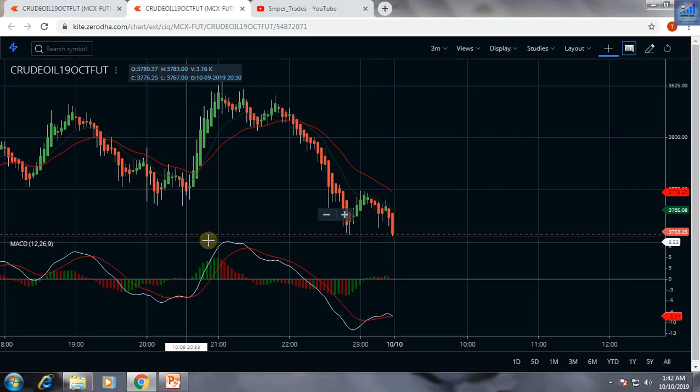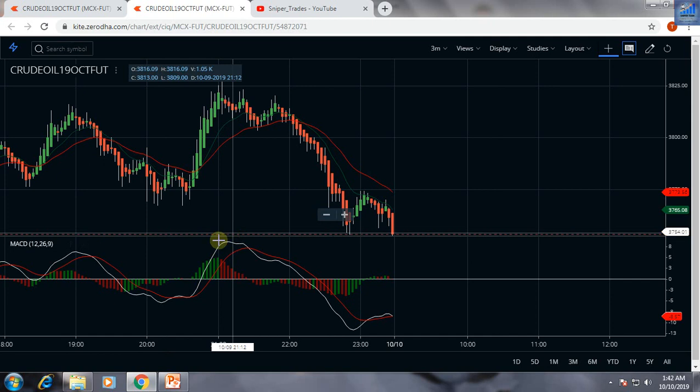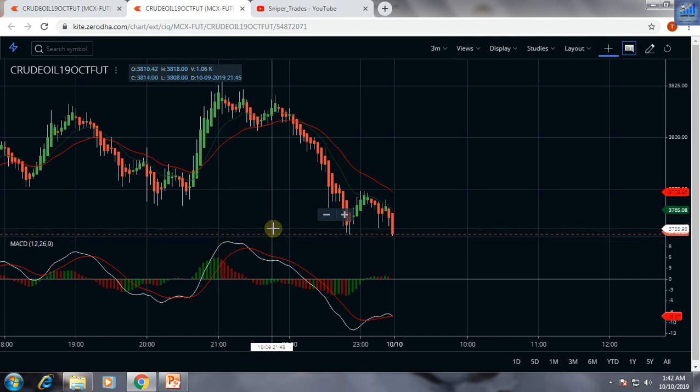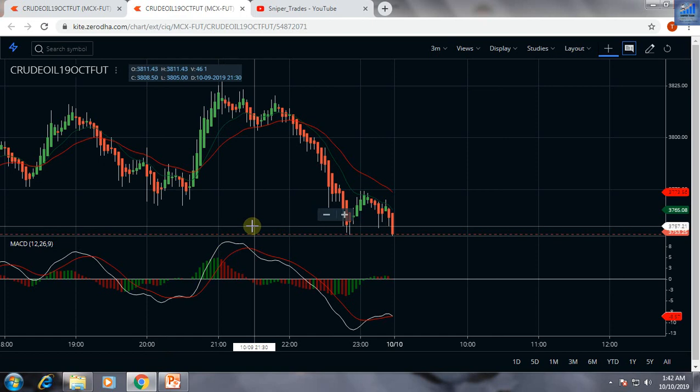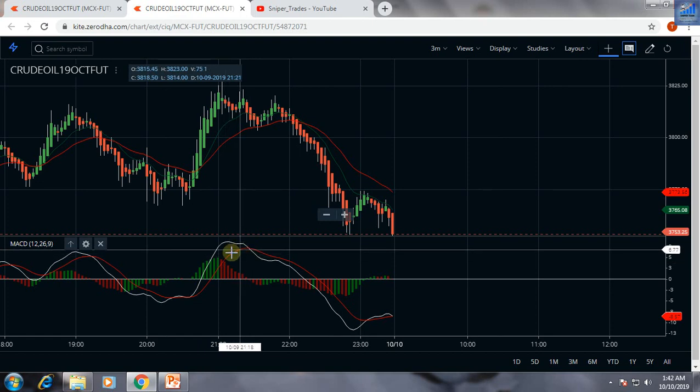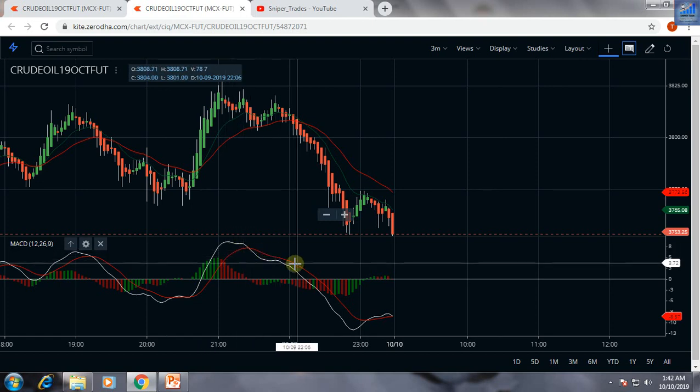So for the calculation of this MACD line, we will take the 12 day exponential moving average minus the 26 period exponential moving average. That is what this white line is. And for the calculation of this signal line, we take the 9 period exponential moving average of this MACD line.